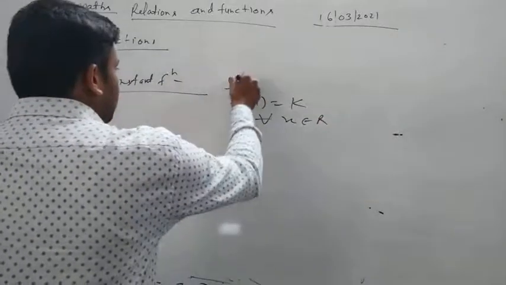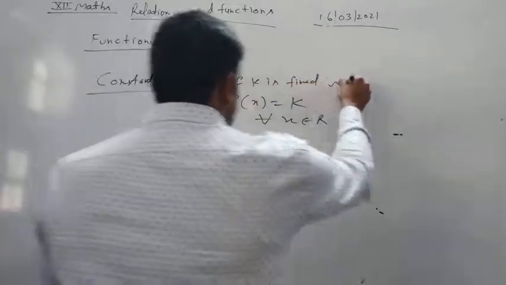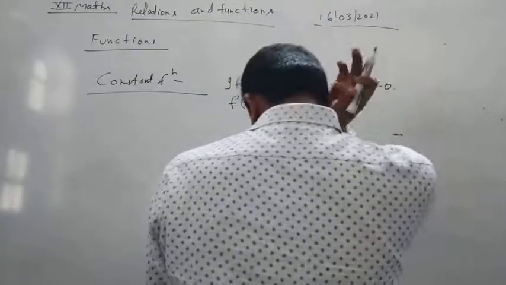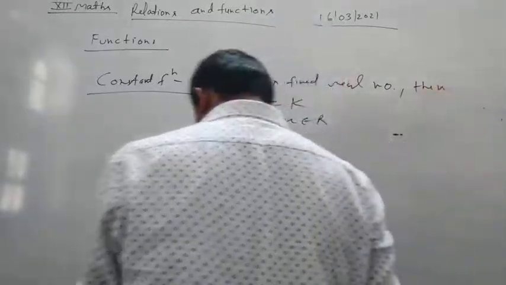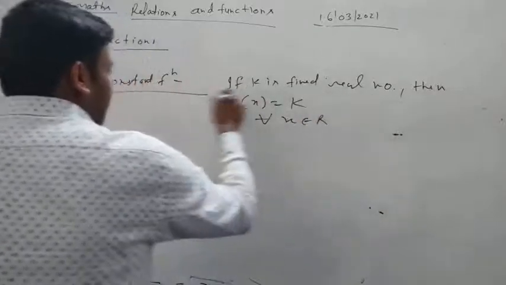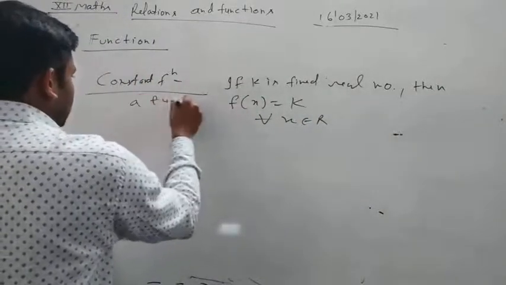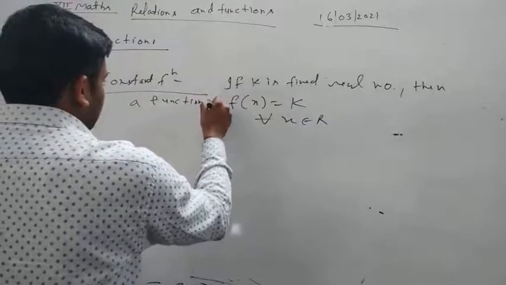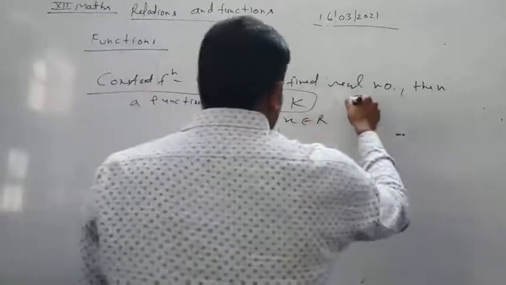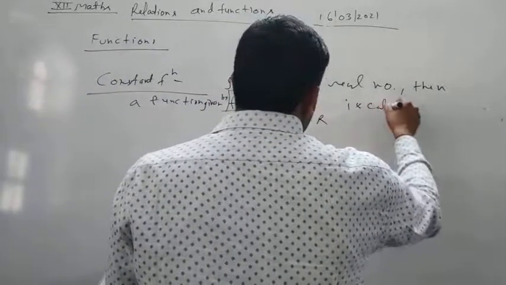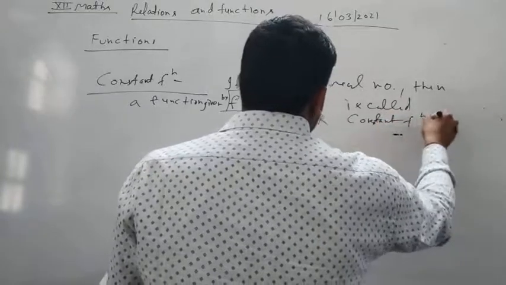Okay students, if k is a fixed real number, then a function given by f(x) = k, where x belongs to R, is called a constant function.